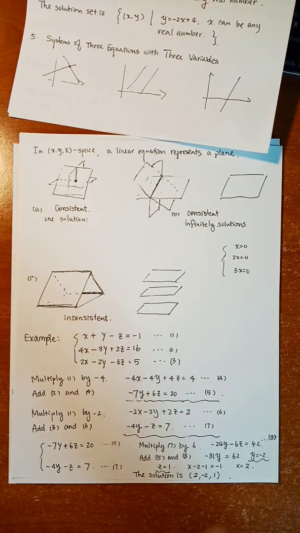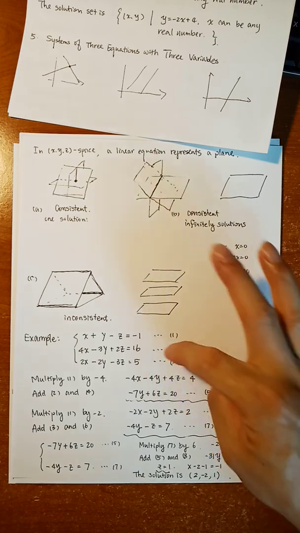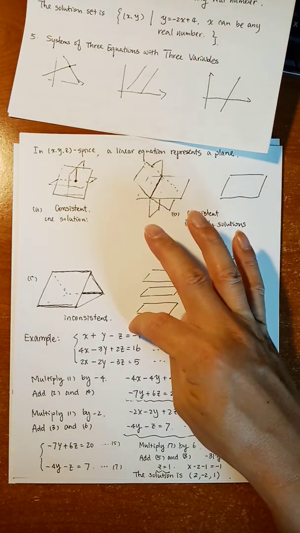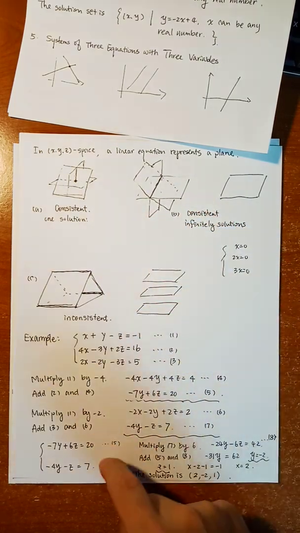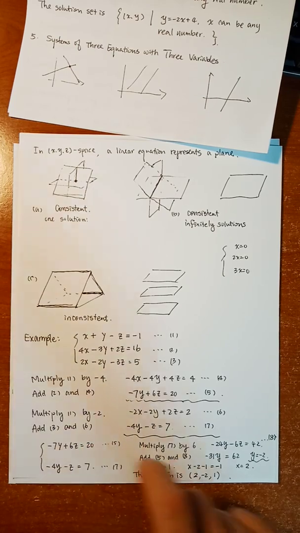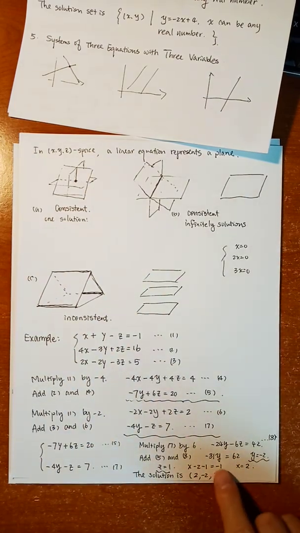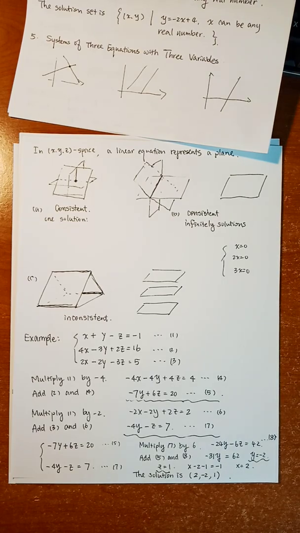So you actually have two steps. First step, reduce the number of variables from 3 to 2. And second step, from 2 to 1. You see, this is the equation with just a single variable. We always try to reduce the number of variables.